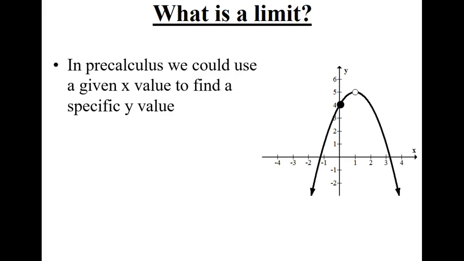If I said x equals 1, you might be tempted to say y equals 5, but you can't. Can somebody tell me why? It's undefined. There's a hole there. The graph doesn't exist there.